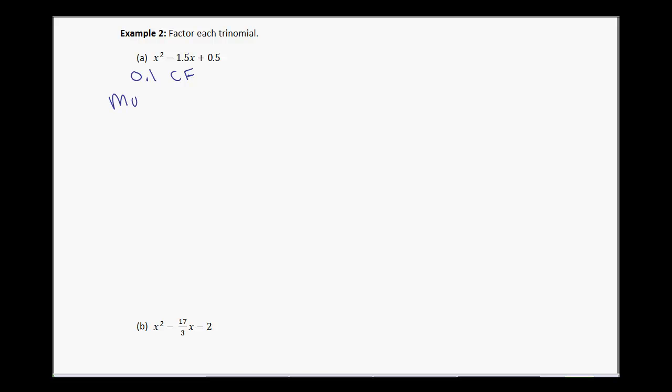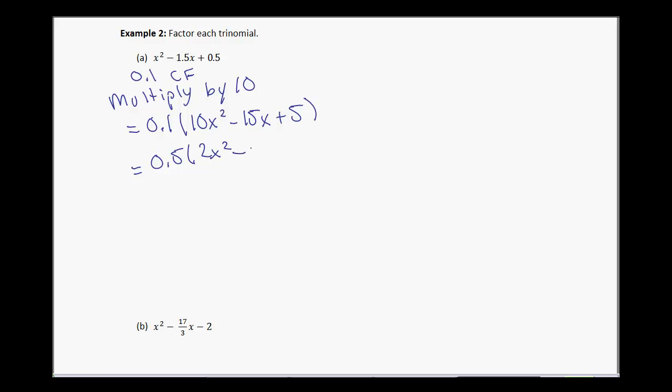And we do that by multiplying by 10. So this gives us 0.1 times 10x squared minus 15x plus 5. And here I notice that we have another common factor of 5. So now we have 0.5 times 2x squared minus 3x plus 1.